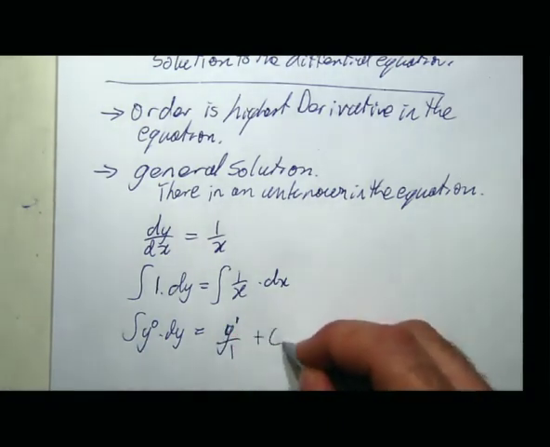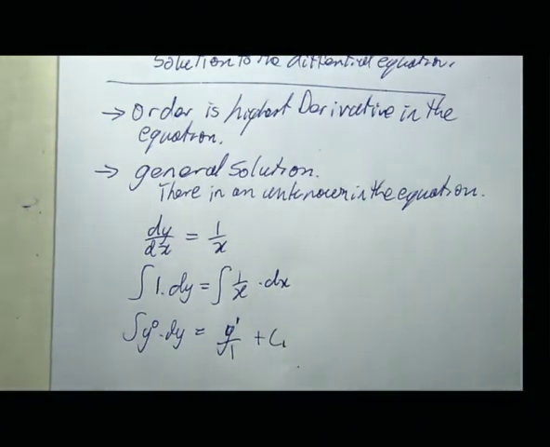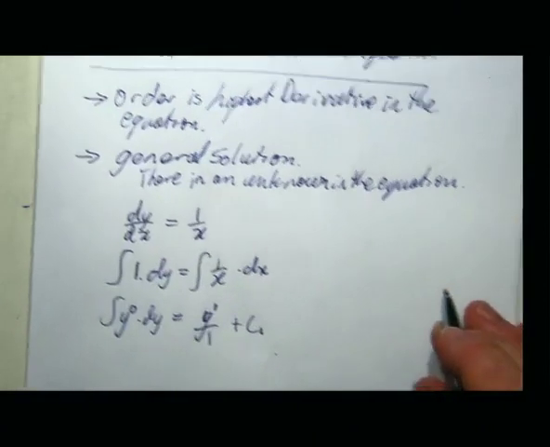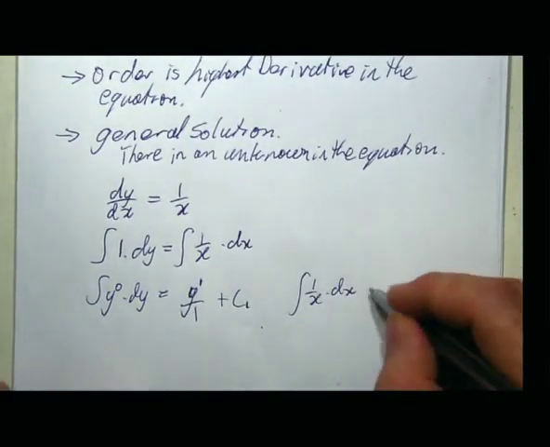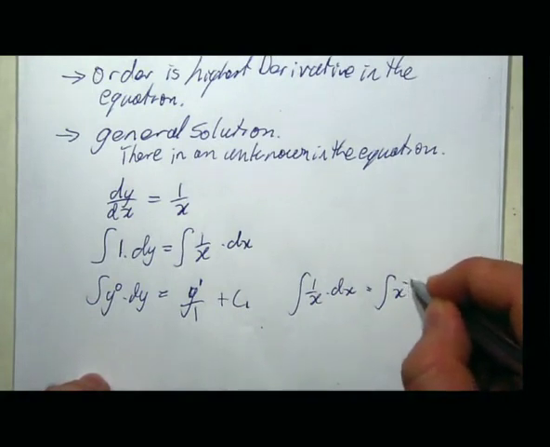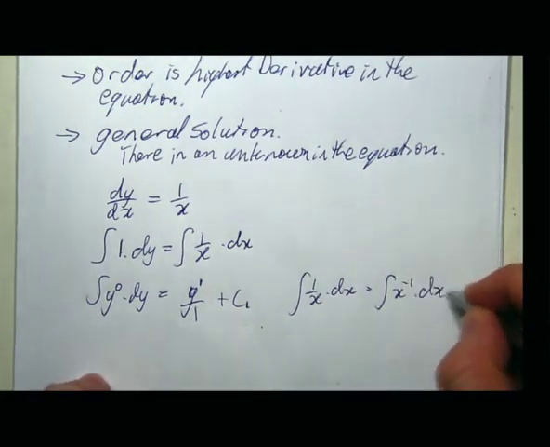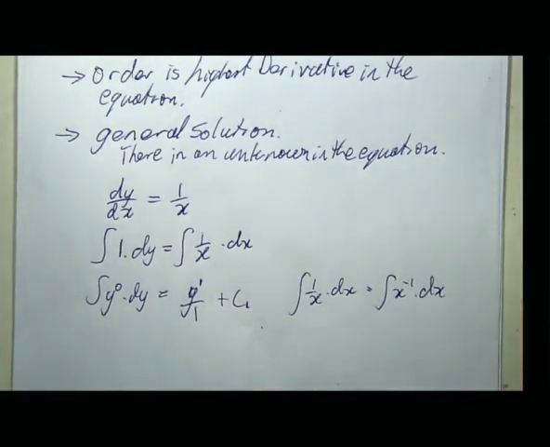Ideally, I'd add a constant, which I'm going to call c1. If I look at the integral of 1 on x dx, this is equal to the integral of x to the minus 1 dx. Now, if I did the same thing with this one and increased the power by 1, I get 0. And that just feels wrong to me.